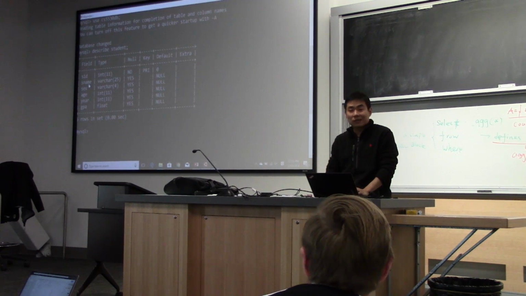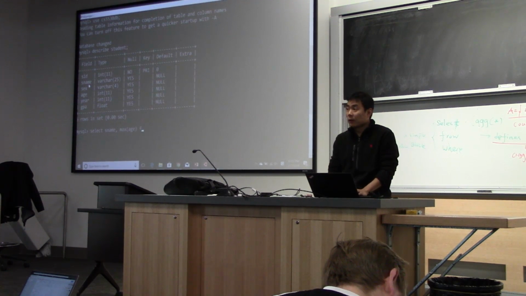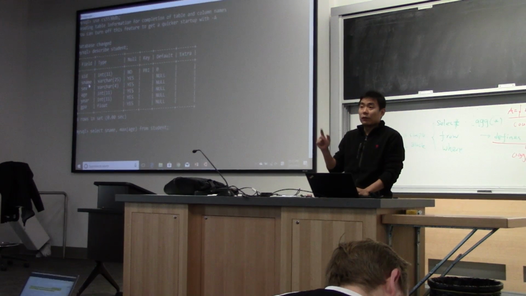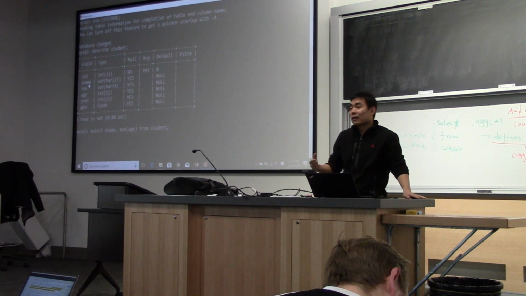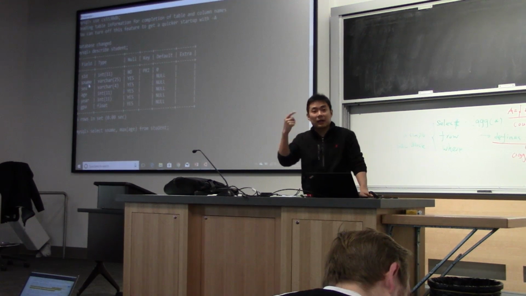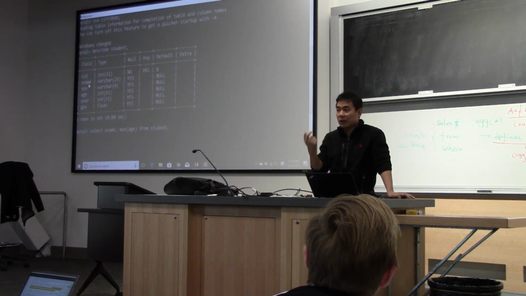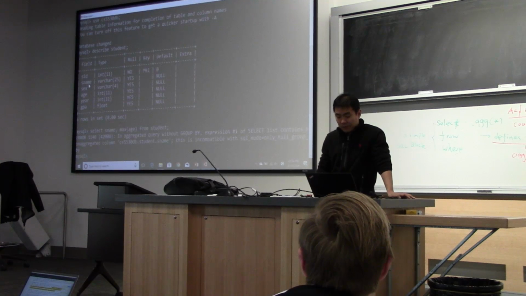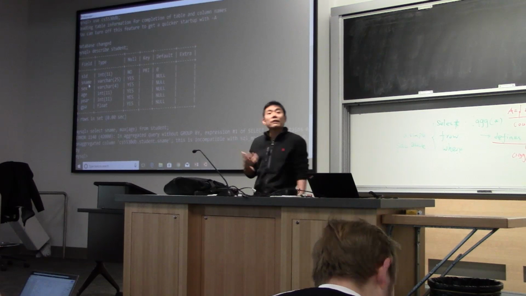I'm going to run exactly the query I just showed you, which selects name and the max of age from students. You think you're trying to get the name and age of the oldest student. But let's execute this query and see what we get. It actually returns an error. You cannot even execute this query.